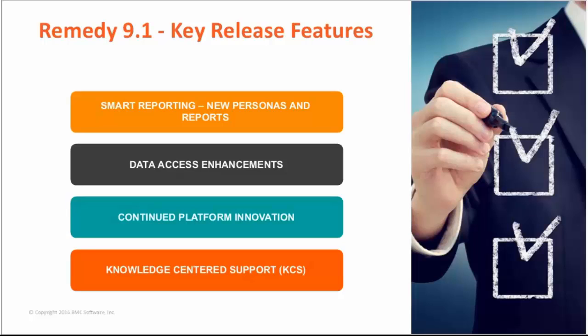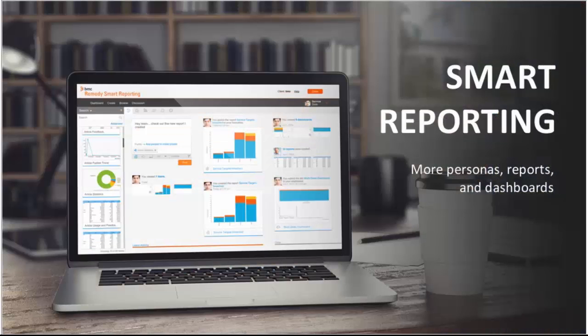Moving to the Remedy 9.1 release, let's look at smart reporting to begin with. I'm sure most of you have at least heard about smart reporting, if not had the opportunity to work on the new reporting application. We introduced smart reporting with Remedy 9.